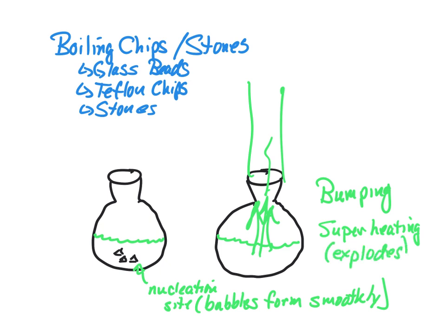This is what happens: the story of distilled water boiling explosively in a microwave oven is a story of superheating, right? And so we don't want that to happen. And so boiling stones keep that from happening.